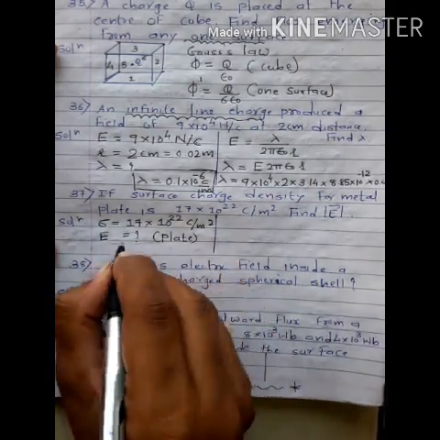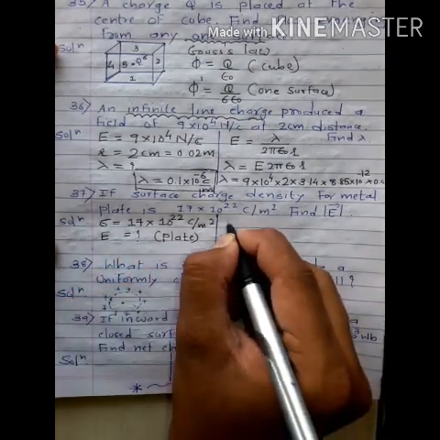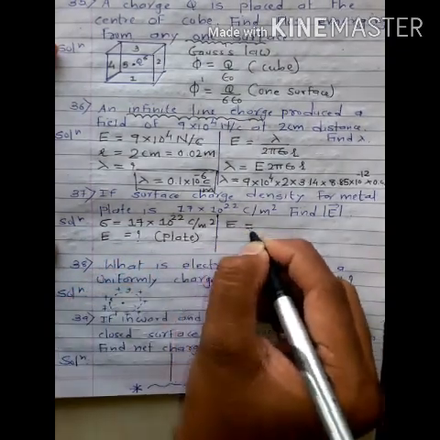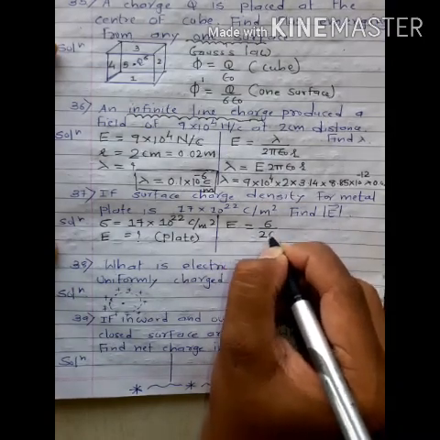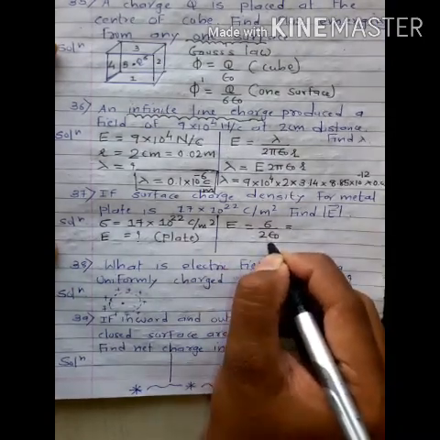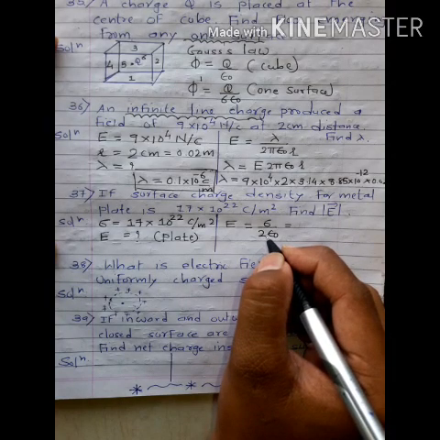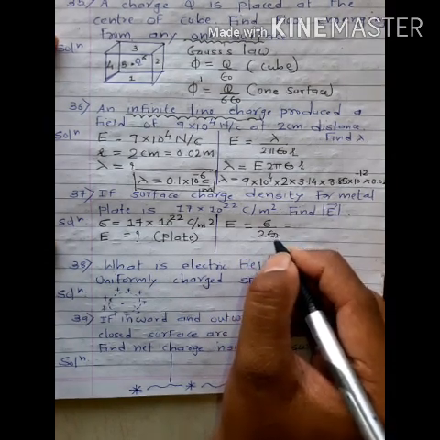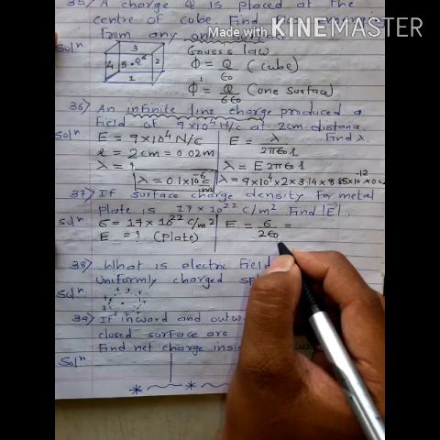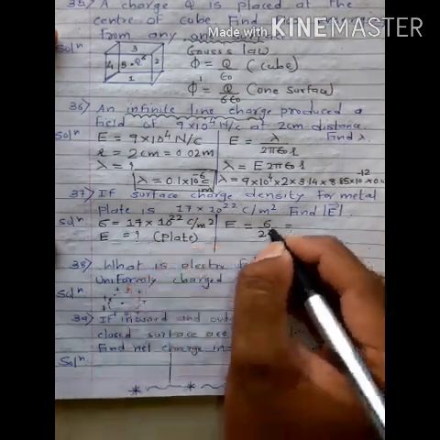Now remember equation of electric field produced by metal plate, and it is given by E is equals to sigma upon 2 epsilon 0. This is standard equation. Clear? And here we can derive this equation using Gauss law. E is equals to sigma upon 2 epsilon 0 for metal plate.